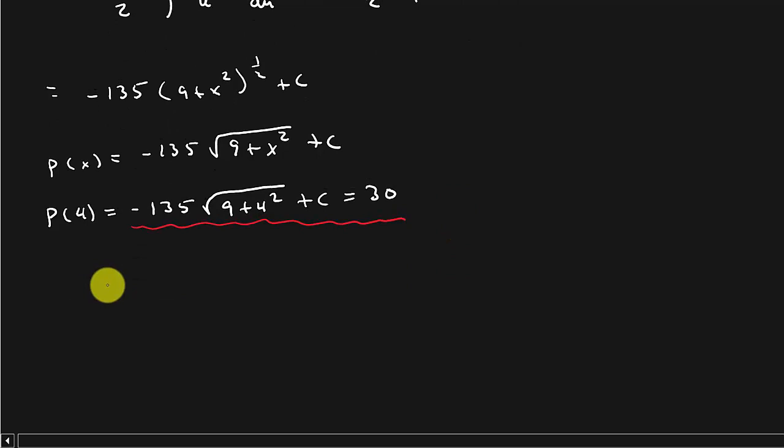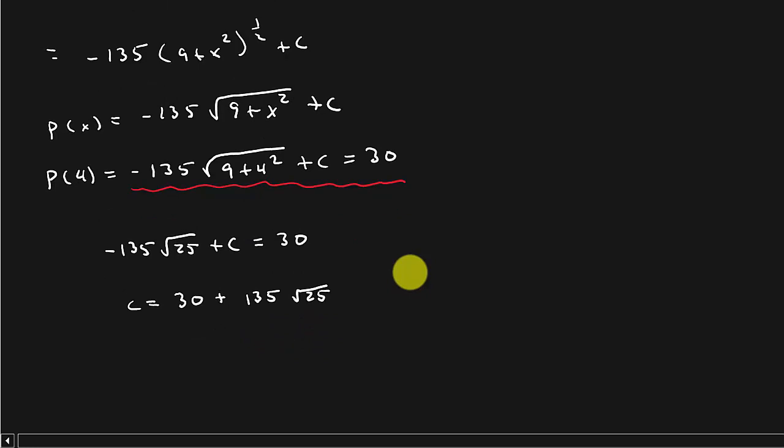So negative 135 times the square root of 25, that's 9 plus 16 is 25, plus c equals 30. And so c is equal to 30 plus 135 times the square root of 25. And yes, I know the square root of 25 is 5. I just added this to both sides.